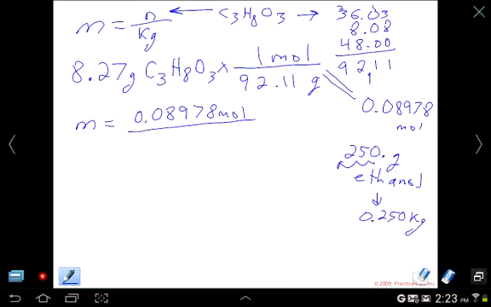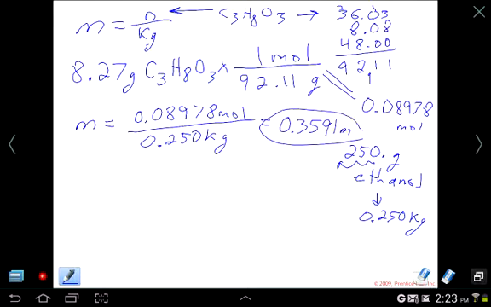So we'll put that on the bottom, 0.250 kilograms, and we get a molality that looks like this. Essentially, we're multiplying by 4. 0.25 gives us 0.3591 for molality.